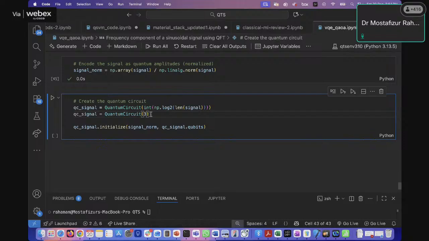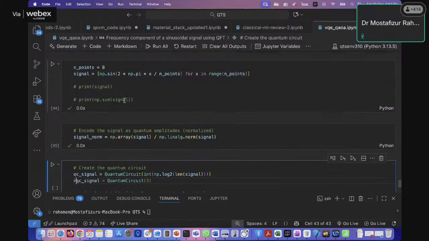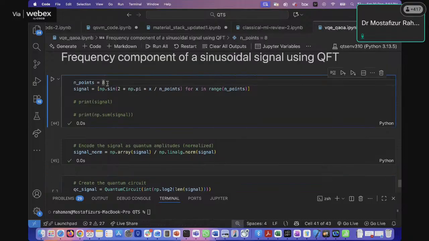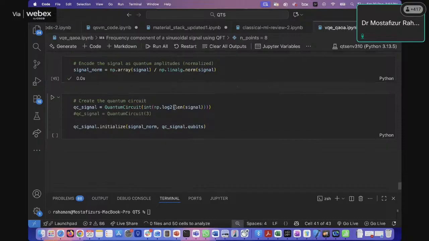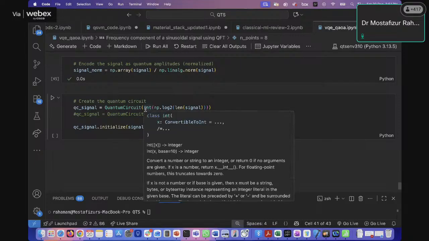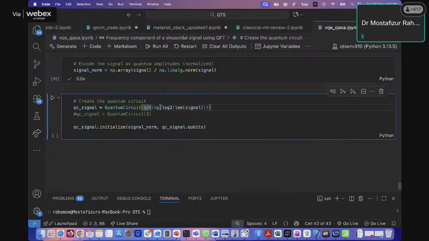But in cases where this value sometimes might not be in power of 2, then we have to convert this. So what I have done is log base 2 of the length of the signal. I just have done a log conversion, then the nearest integer of that, right? Or you can take the ceiling function of these things also.